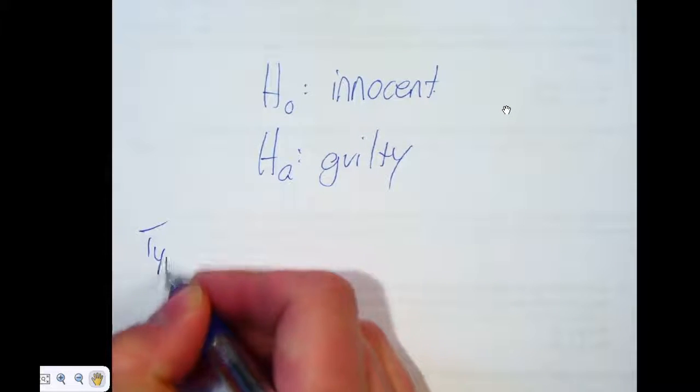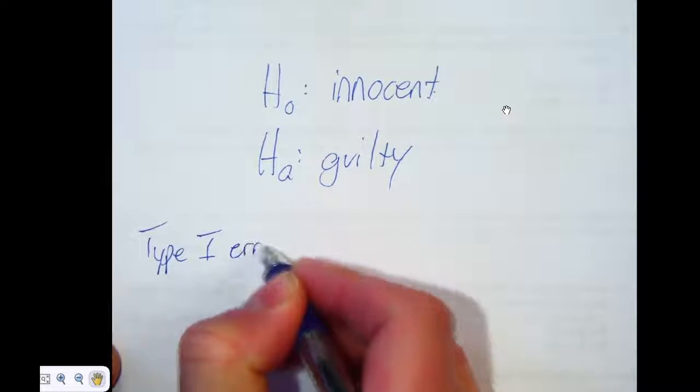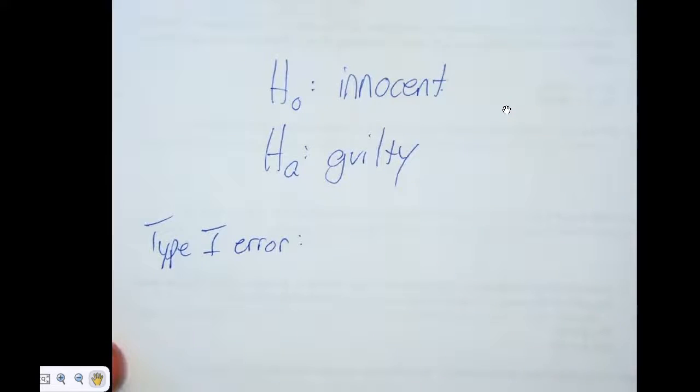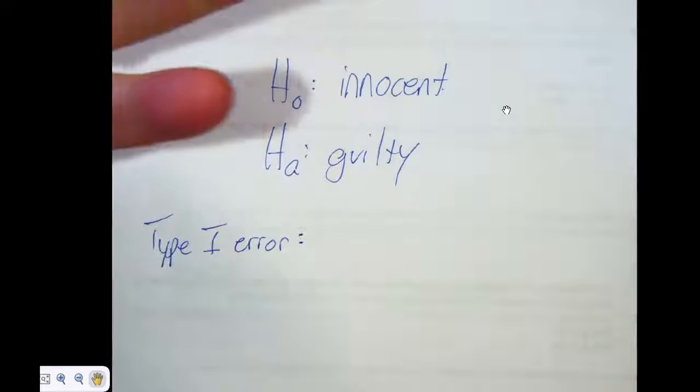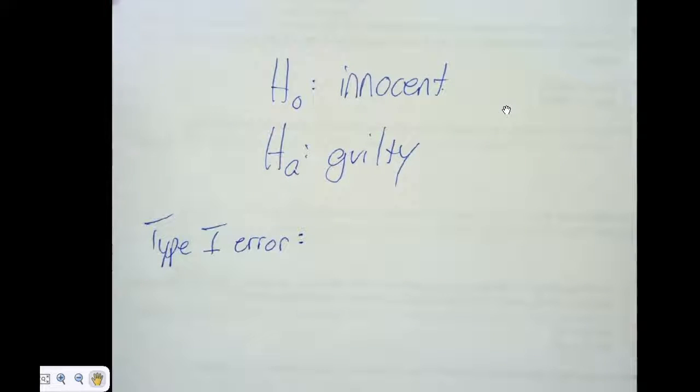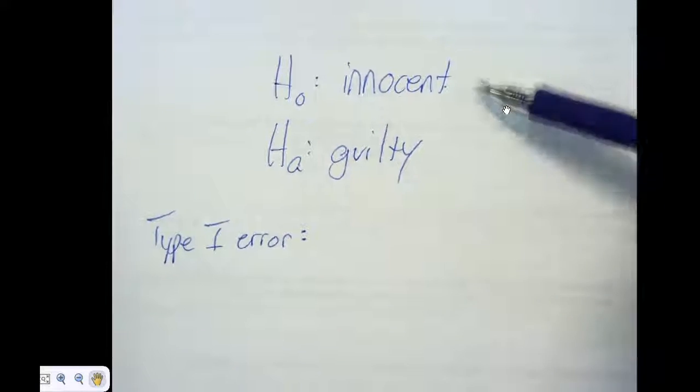So a type 1 error, in this case, so what they will ask you on the AP test is what is the error and what are the consequences of that? So you describe the error and then you say, okay, what happens as a result of that? So type 1 error would be 1.